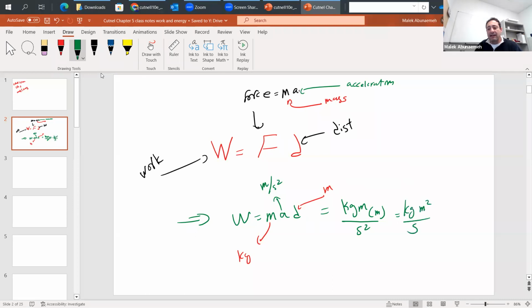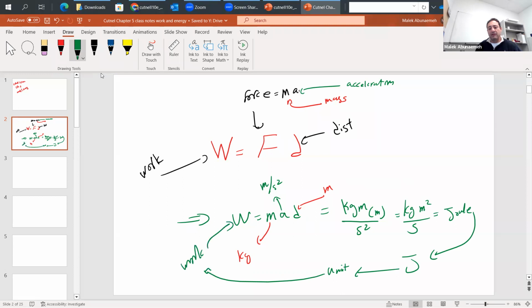And we define that as your joule, which we give a big letter J, which is going to be the unit for work.